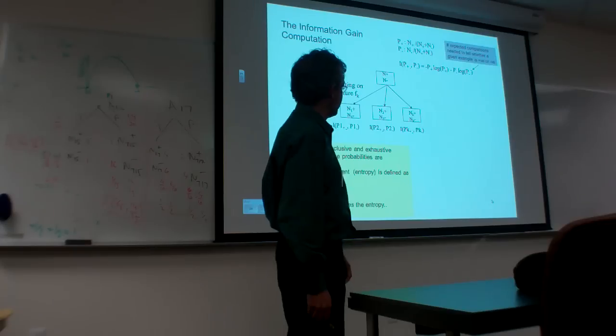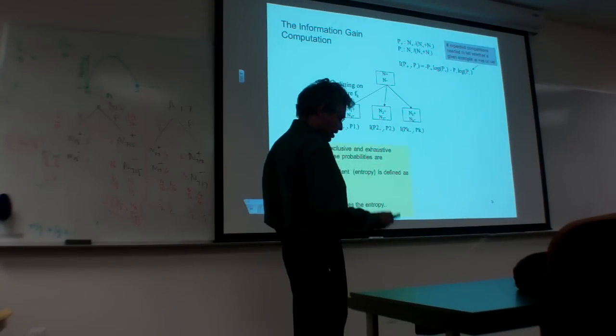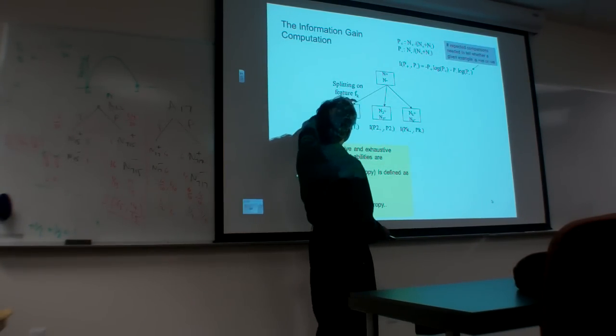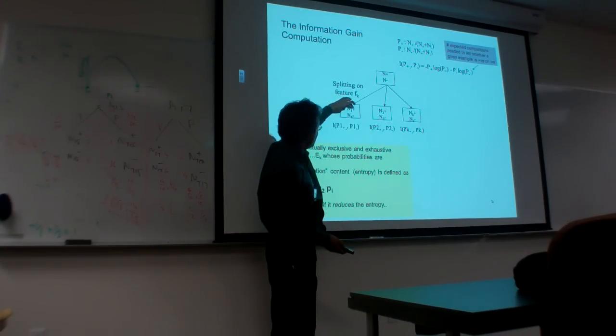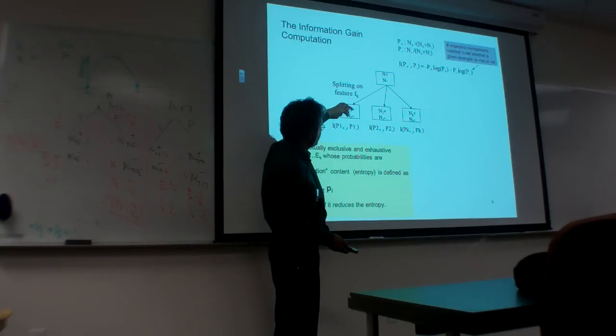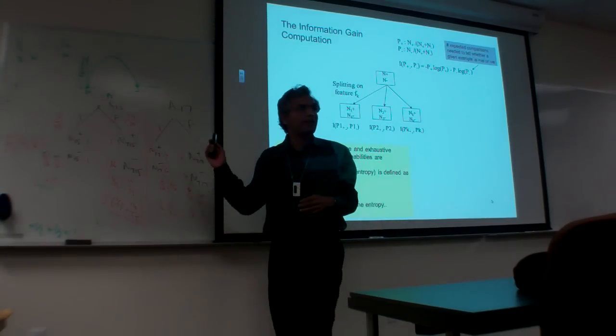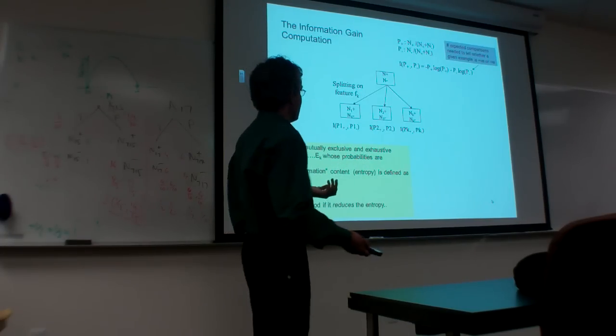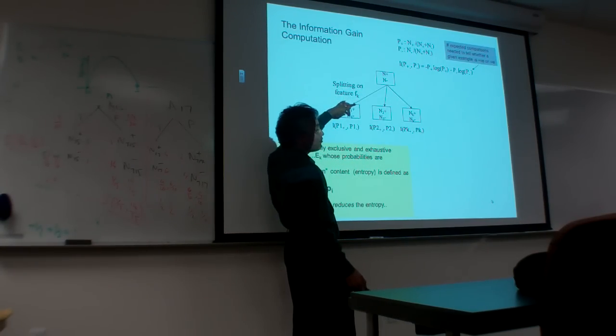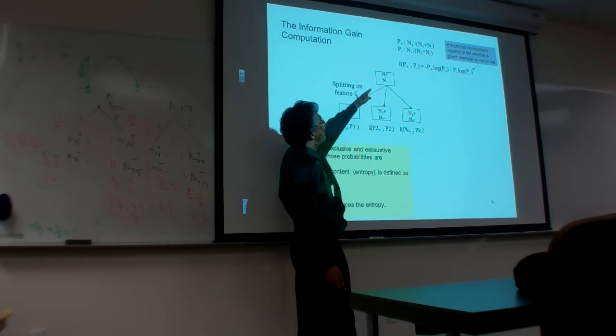Now I need to combine this, and to combine this I need to realize that I will get to this branch with the probability n1 plus n1 minus divided by n plus n minus. The total number of examples is n plus n minus, of which n1 plus n1 minus have this value for this entry.